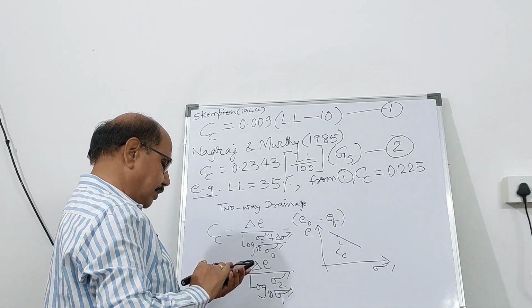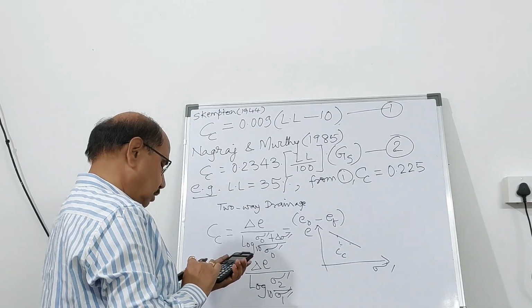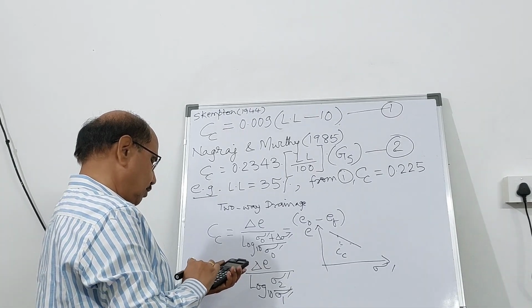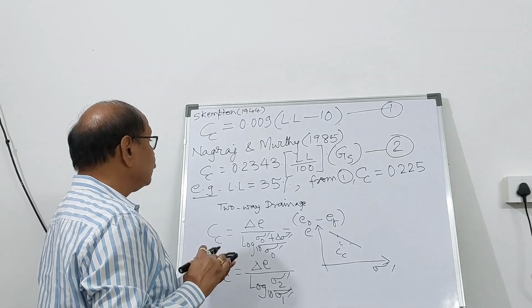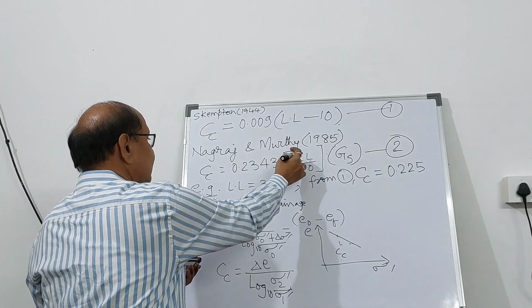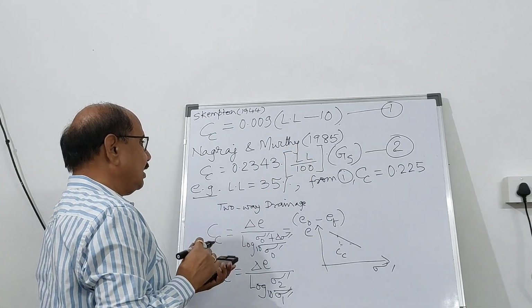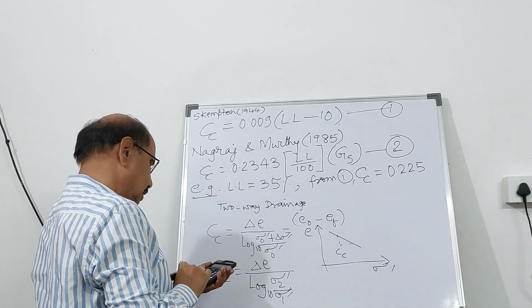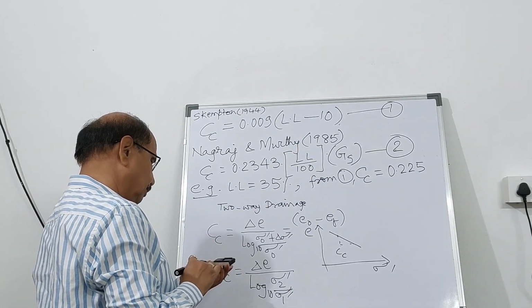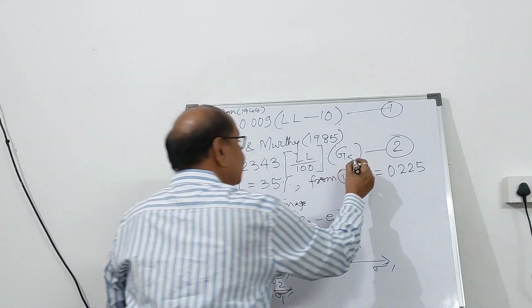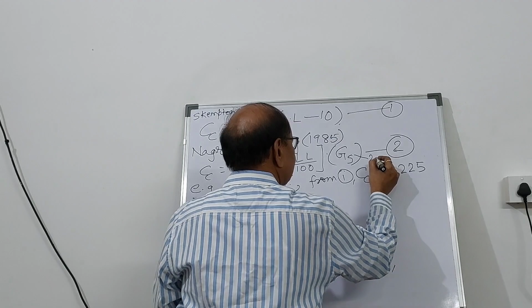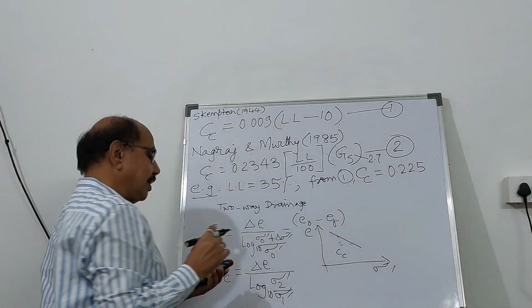We can calculate it. In fact, 0.2343 into liquid limit is 35%, so divided by 100 is 0.35, multiplied by Gs. For inorganic clay, Gs is 2.7.